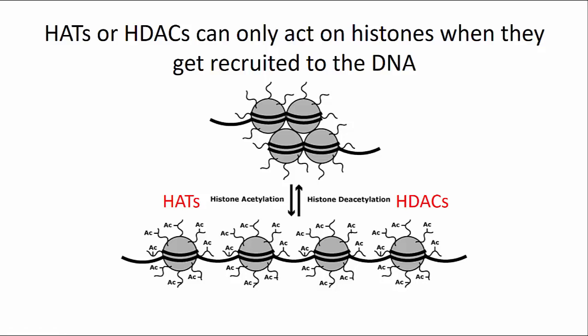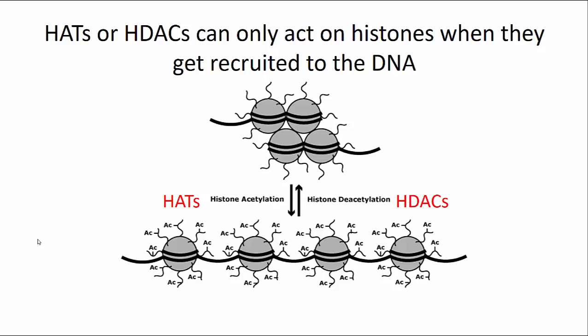Those histone tails can have acetyl groups added to them, and that reaction is done by histone acetyltransferases. The result of adding those acetyl groups is that the DNA is now more relaxed. There is more space between the nucleosomes, and it is just less dense overall. Acetyl groups can then be removed again by these histone deacetylases, or HDACs.